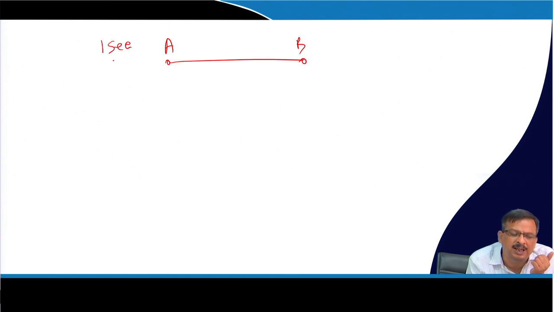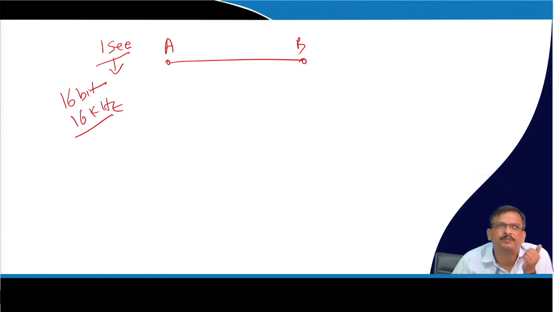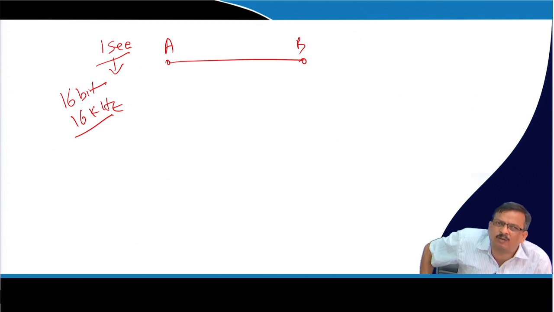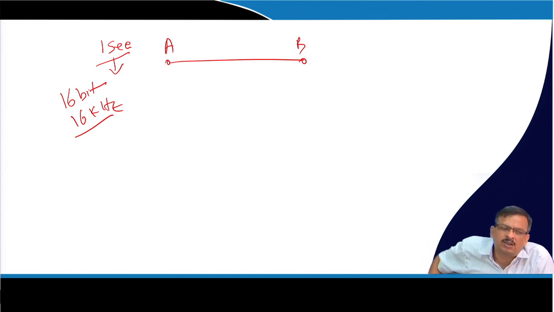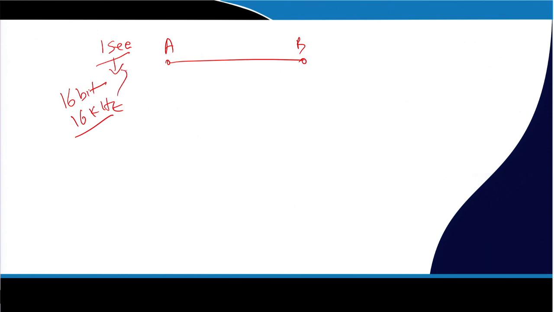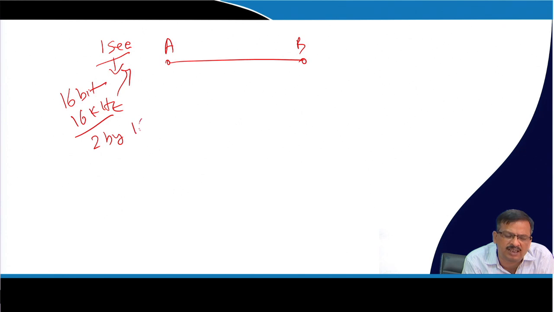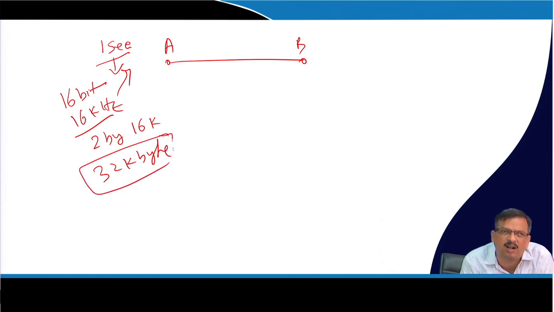Now the speech is recorded with 16-bit encoding at 16 kilohertz, let us say. So how much data is generated in 1 second? 2 bytes into 16k, so I can say 32 kilobytes of data is generated in 1 second.